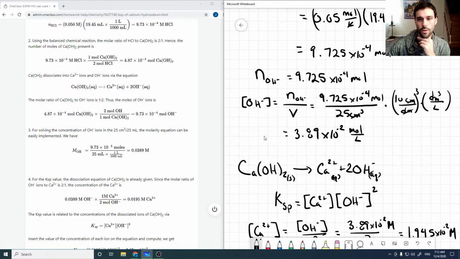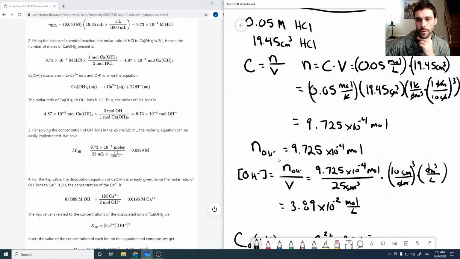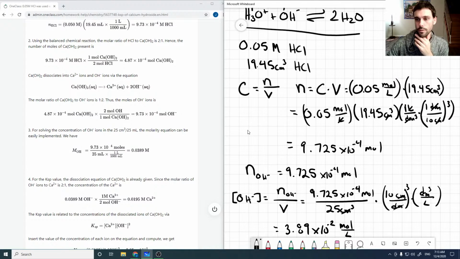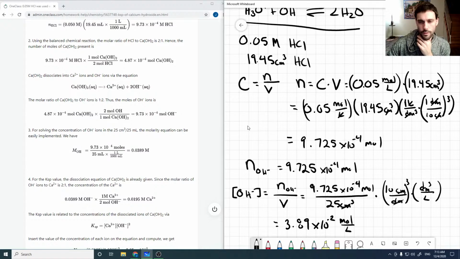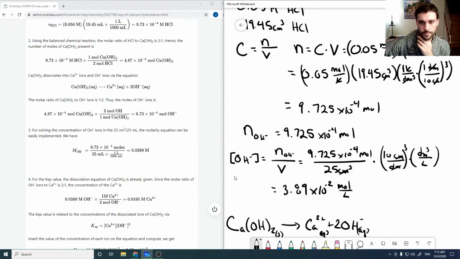And so then your number of moles of OH minus still comes out to be 9.725, because your number of moles of OH has to equal your number of moles of H3O plus. Okay, so that looks good.